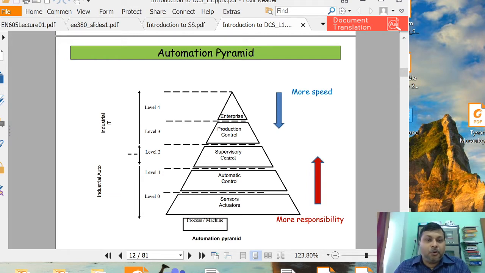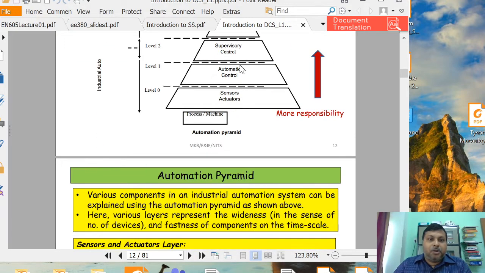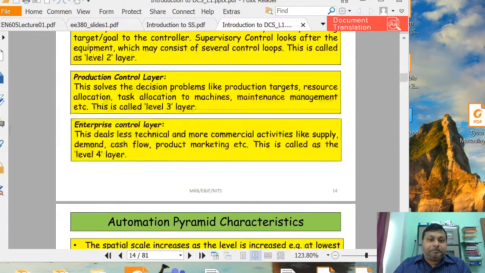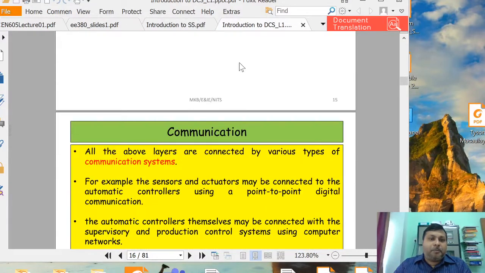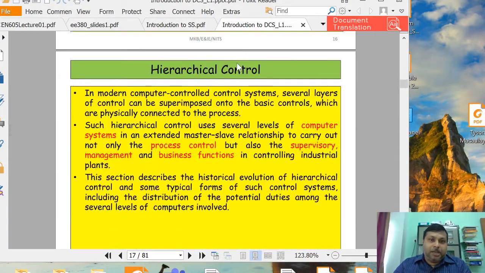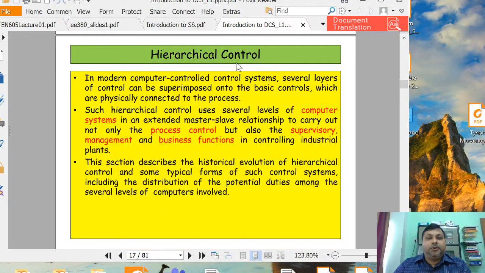So we want to know how the computer plays an important role in building automation. That's why the next topic we are going to discuss is the uses of computer at different levels. To understand this, we have to understand hierarchical control.